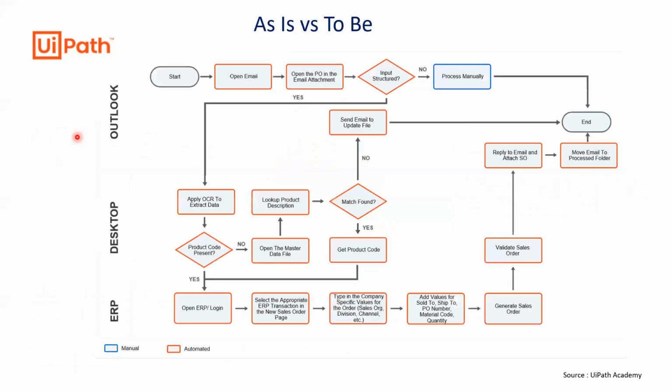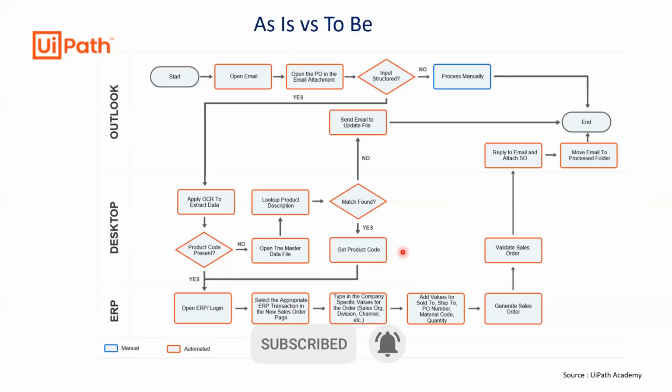If I go to this one, you can see the logic was precisely defined. If the code is present, do this. If the code is not present, do this. If I give you a solution where it says that the code is present, but there is nothing in the no part, do you think it would be a good candidate for automation when you are not sure what to do?